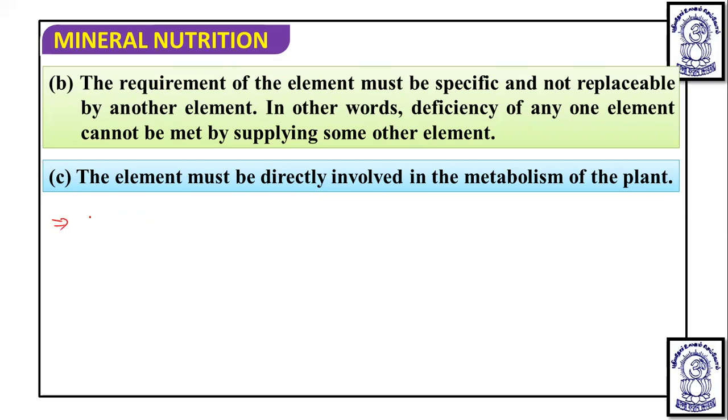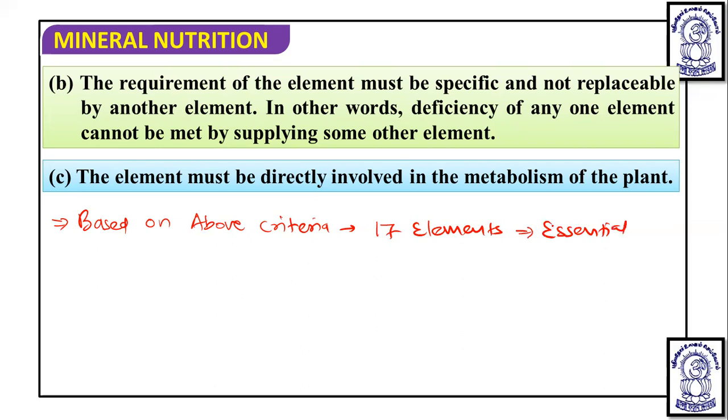You should remember one important point: based on the above criteria, 17 elements have been found to be absolutely essential for normal growth and metabolism. So these 17 elements are considered essential elements.